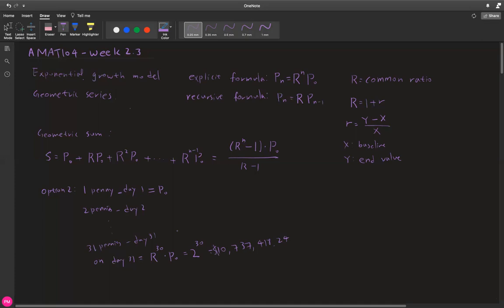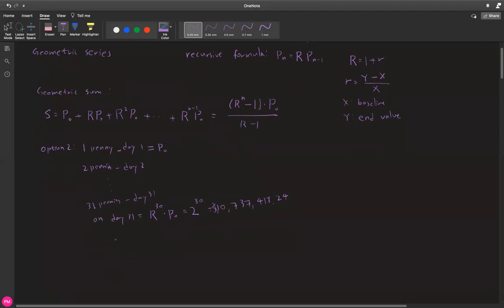So if you add up every single penny that you receive on each day, you can now find that using the geometric sum. The sum here would be, we know that the growth rate is 2, and to the power of 30 because it's 31 days, minus 1 multiplied by 1 penny, divided by 2 minus 1.